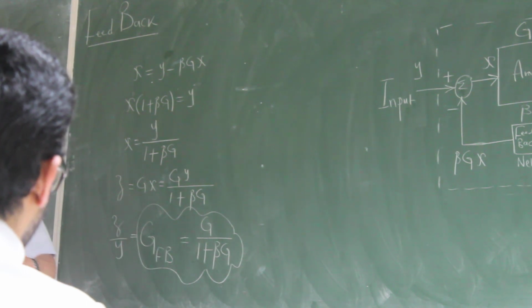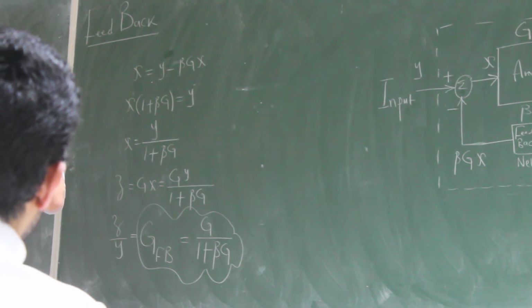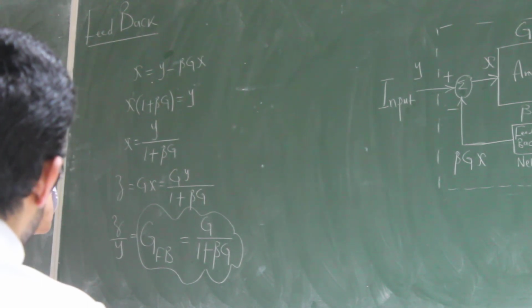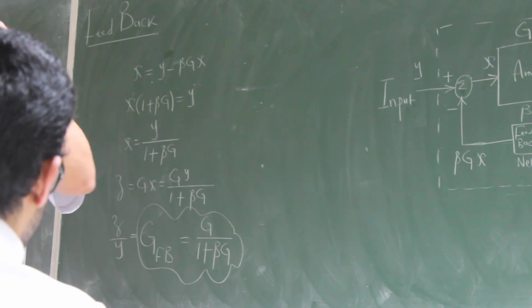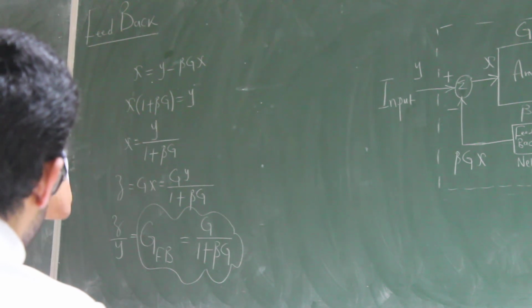Is this good or bad? Generally speaking, this is bad. Nobody on earth would like to have the gain of his amplifier reduced. Everyone would like to have the highest possible gain. So basically, this is bad.